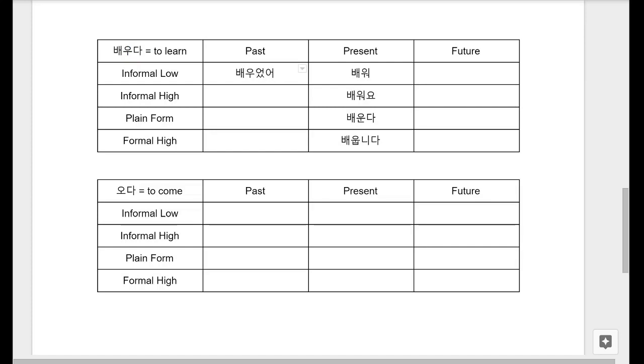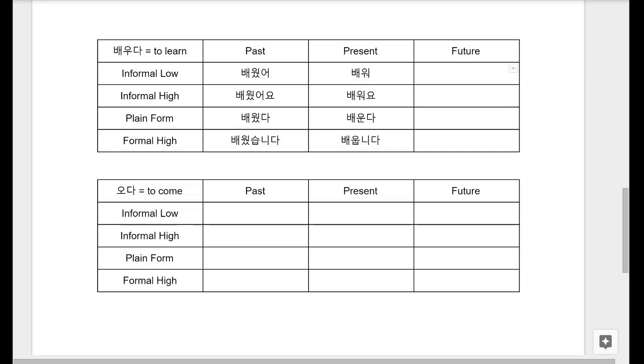So it could be 배웠어, but this a and this u can merge to each other. So actually it could be 배웠 like that, and it would be 배웠어. I could do the same thing here and put yo at the end. I could do the same thing here and put ta at the end, and I can do the same thing here and put 씁니다 at the end.